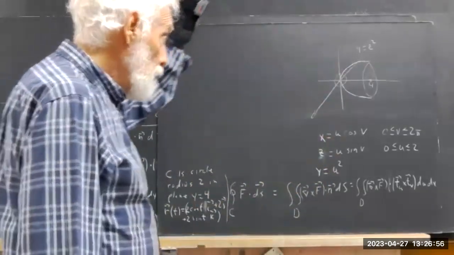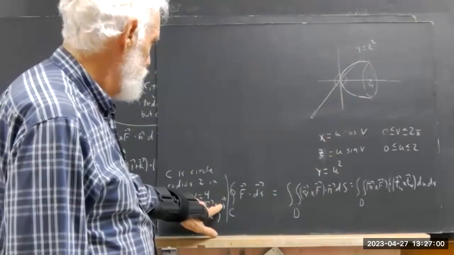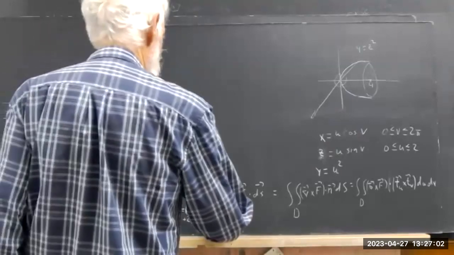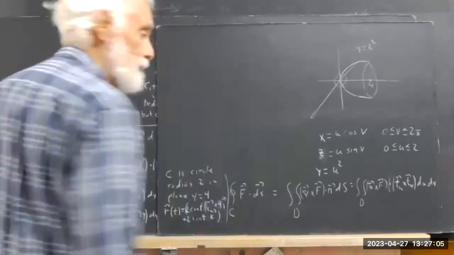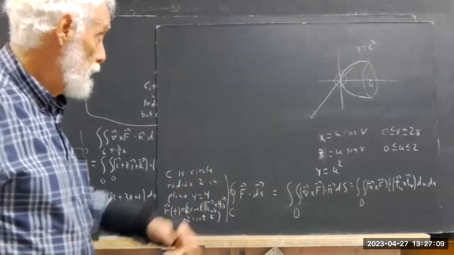You're in the plane where Y equals 4, so you ought to have a 4 in front of J. Put my arrow. Okay, there's your R of T.